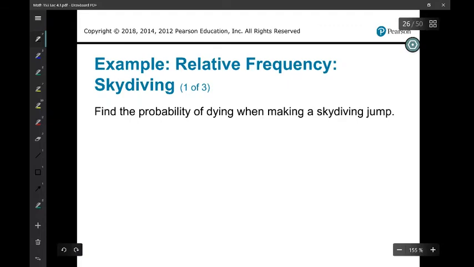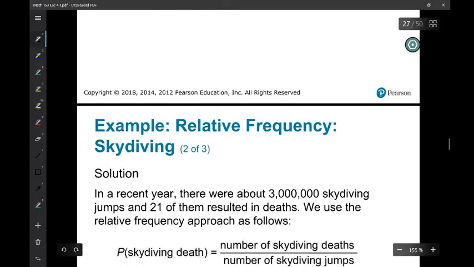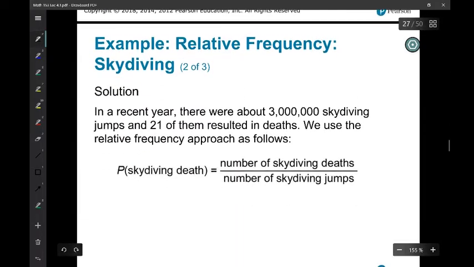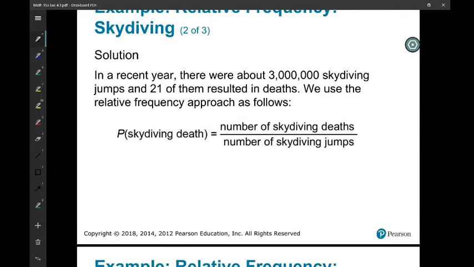So we'll look at this example, the probability of dying when making a skydiving jump. Okay, so the probability of a skydiving death will equal the number of skydiving deaths over the number of skydiving jumps.